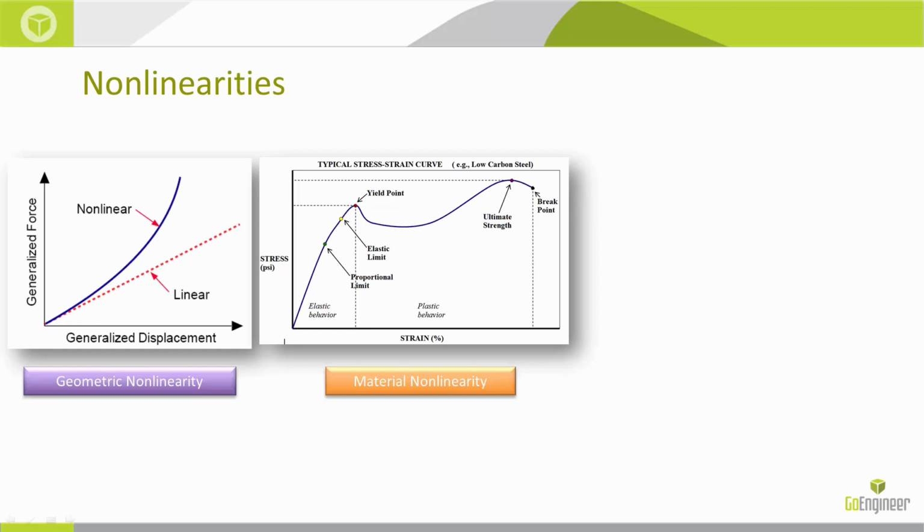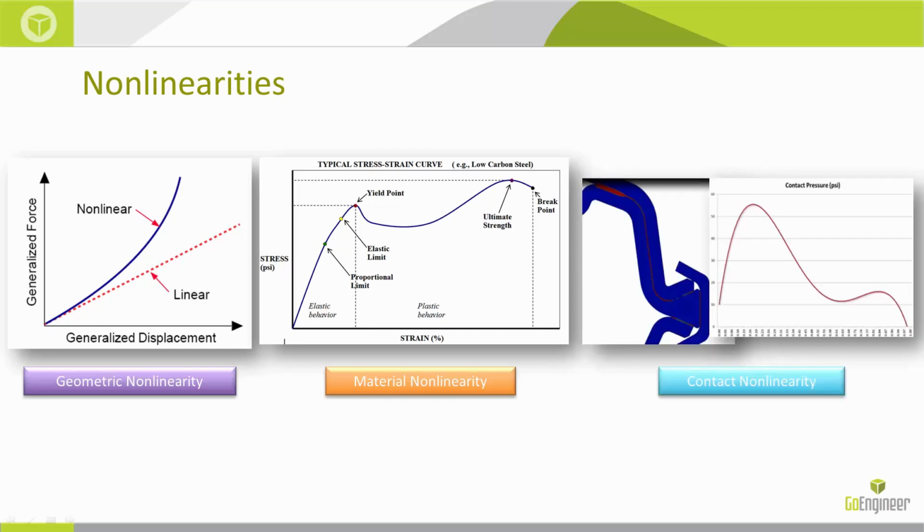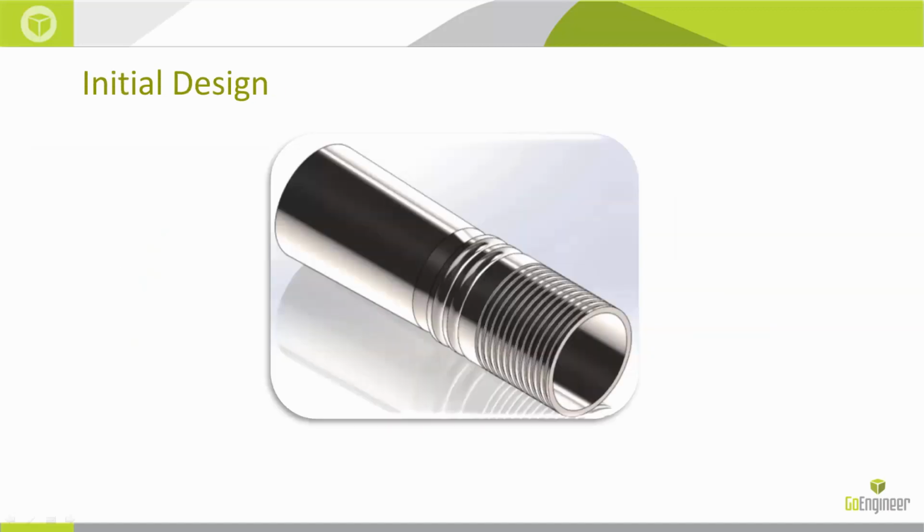So whether it's a hyperelastic model for rubber or a shape memory alloy or a viscoelastic, we can now apply the correct material model. The last one we'll look at here is contact nonlinearities. So as things come together and slide, that's going to be changing the shape, and as such is going to affect the response.